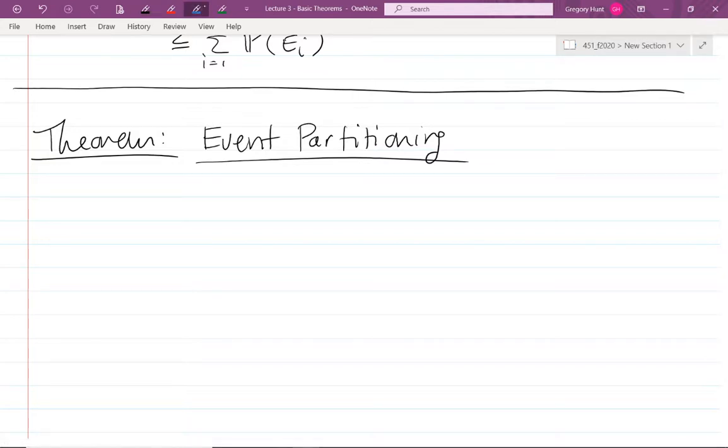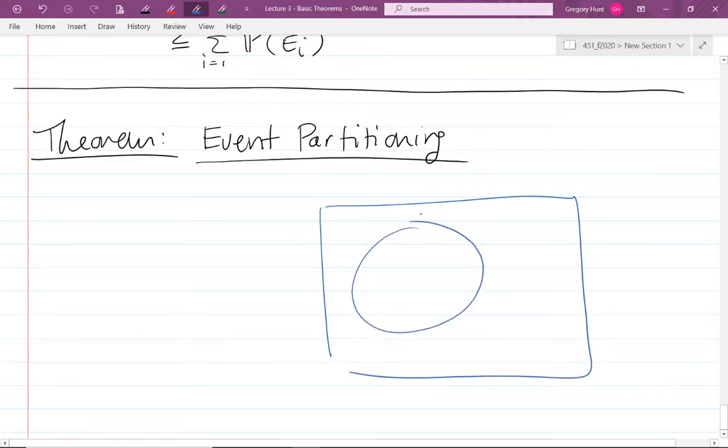So let's go back and draw a little picture. So here's our little picture. Two events, E and F. And remember how we said that we could write E as E intersect F union E intersect F complement.